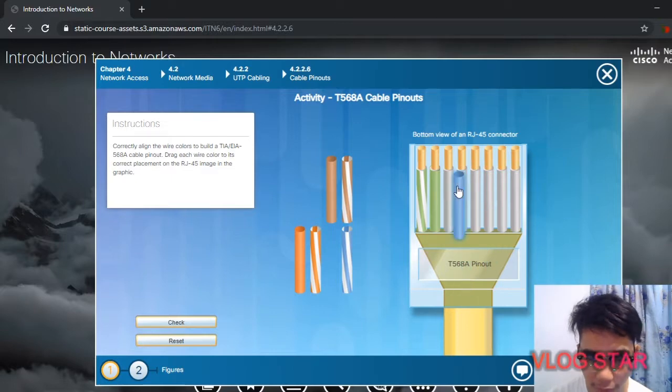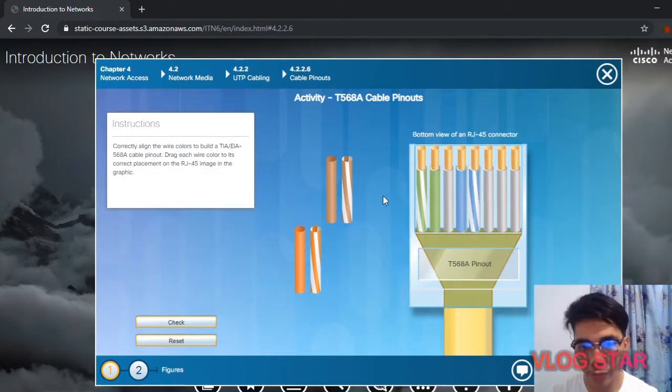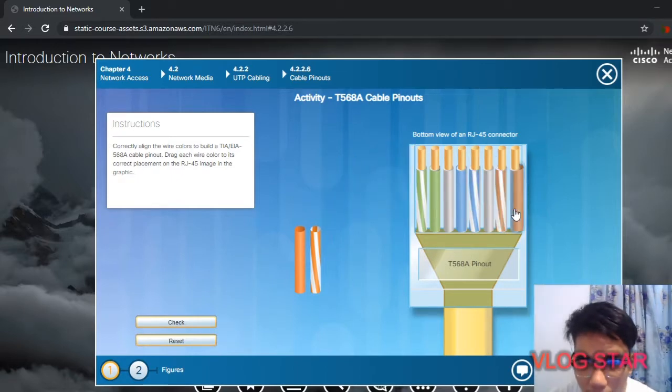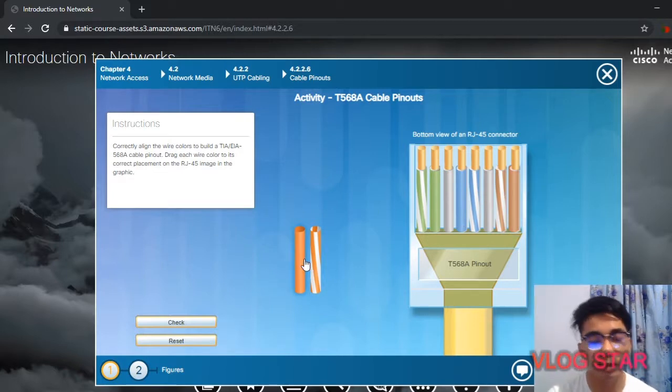then in the middle, the constant in this wiring is blue and the brown. That it should be alternate.